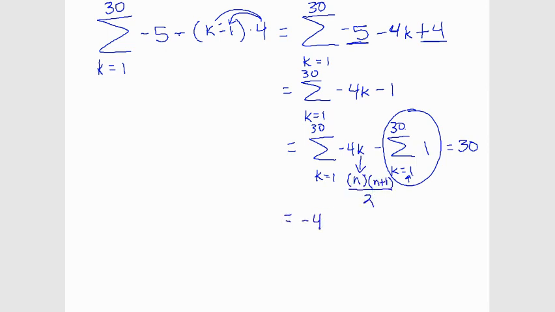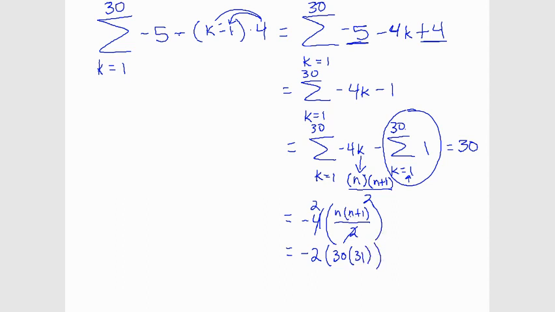Negative 4 times n plus 1 divided by 2. Now, since we have an even constant, let's go ahead and cancel that out and make that a 2 and just cancel that altogether. So let's make it negative 2 times 30 times 31. Again, 30 plus 1 would just be 31.